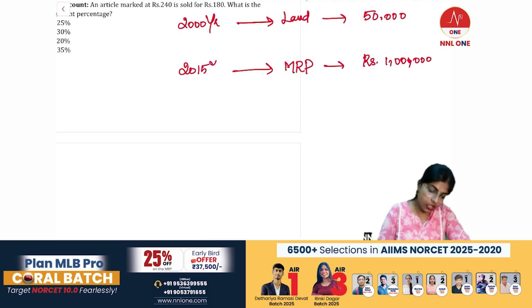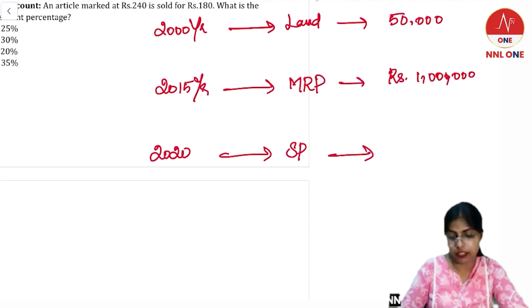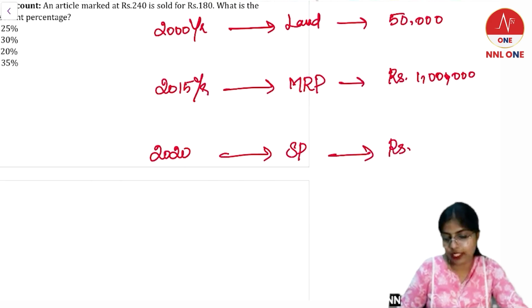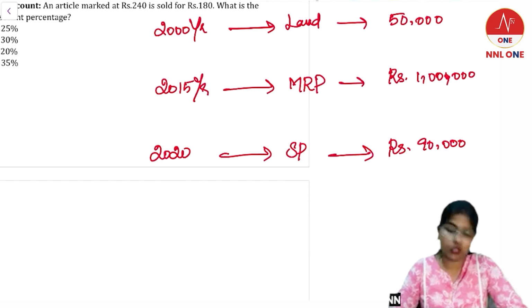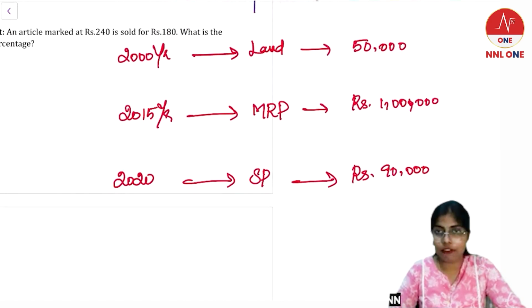And in the year 2020, I'm selling the land for rupees 90,000. I've sold it. So in the year 2000, I bought the land for 50,000.